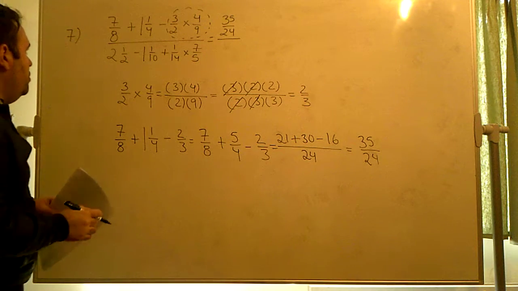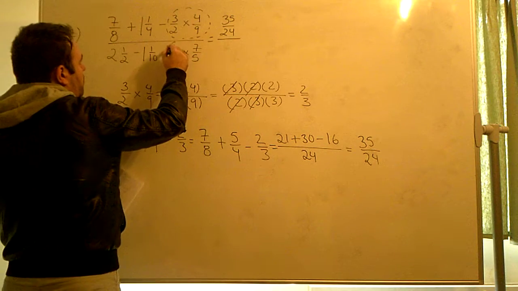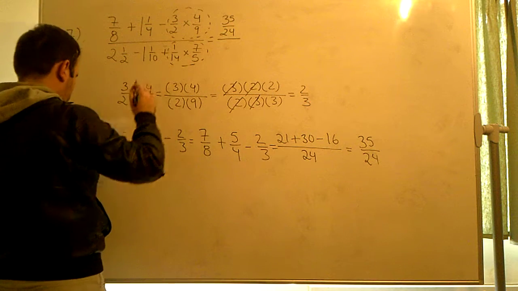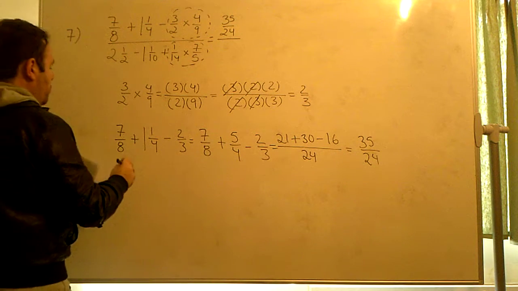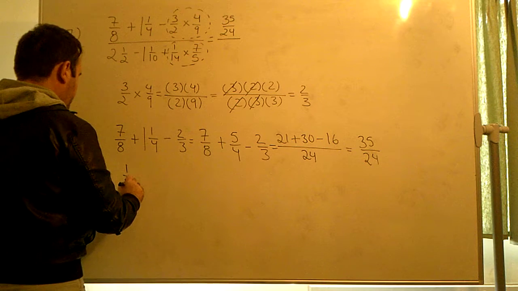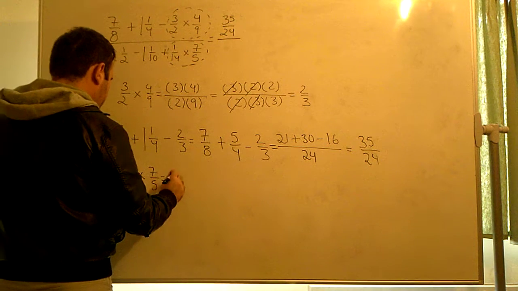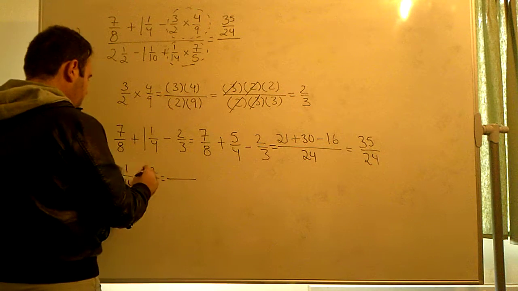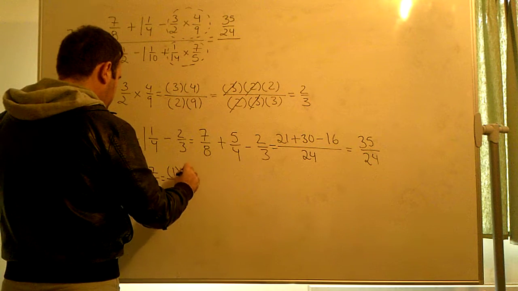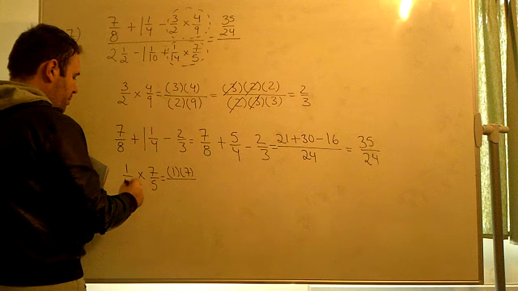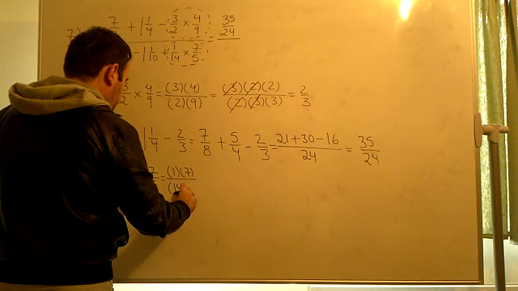Now we're going to focus on this product. So this will be 1/4 times 7/5, and then this will be 7 times 1 is 1 times 7 here, and then we'll have 14 times 5 here.